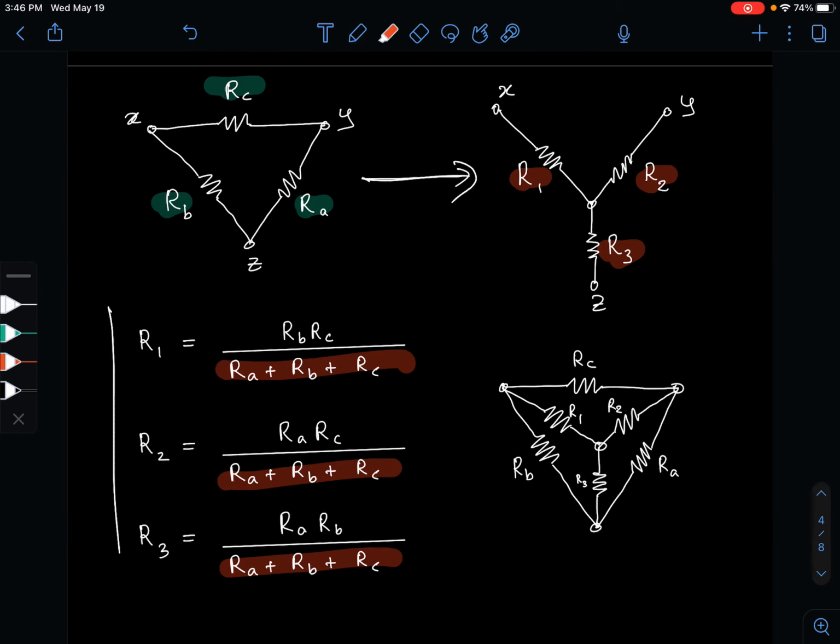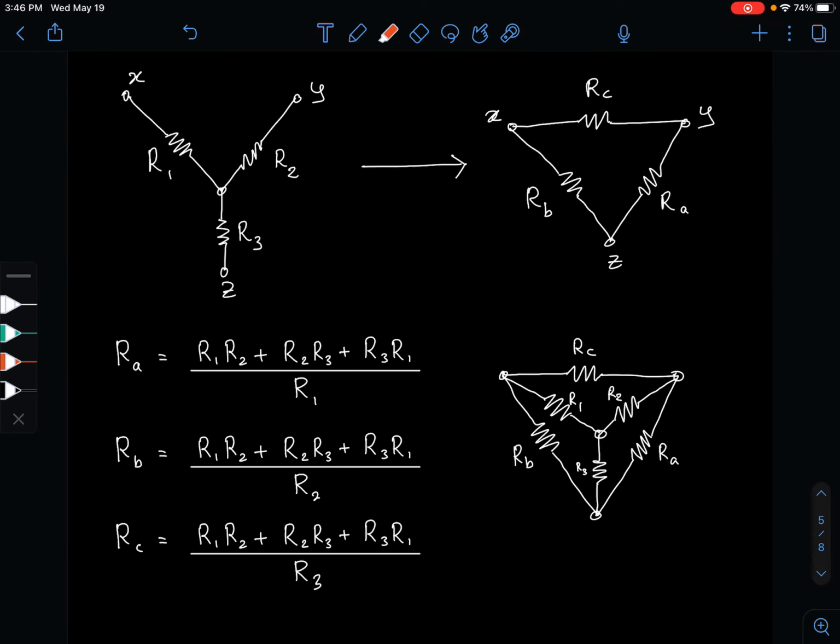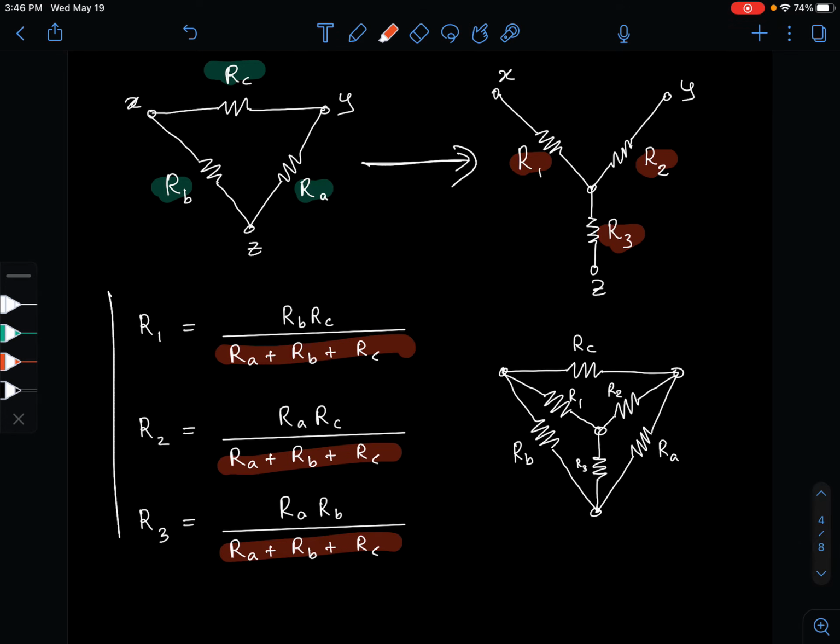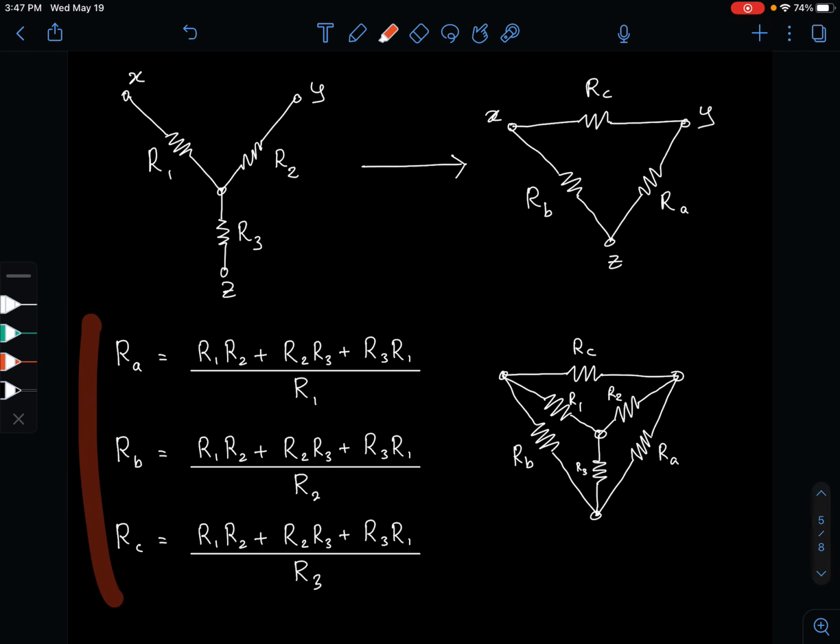Similarly, you can convert from Y to delta using these three resistor equations. You'll note that these three resistor equations are different from the ones used to convert from delta to Y. So that's important to note. In these transformations, the numerator is the one that's pretty much the same across all the equations, which is different to the previous one where the denominators were the same.